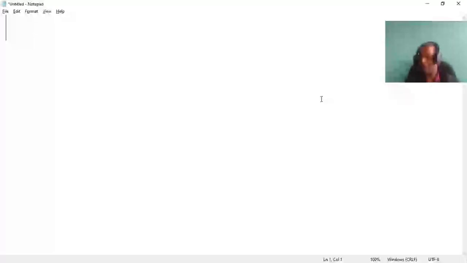So our task today is to know what is Classless Inter-Domain Routing, or CIDR, and how we can use the CIDR to divide the given network into sub-networks.